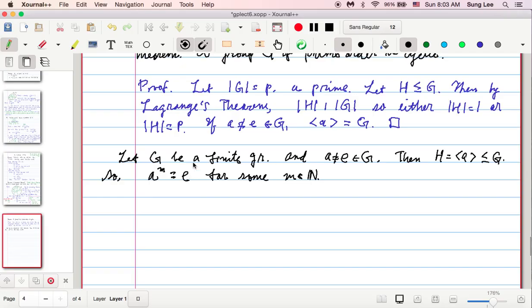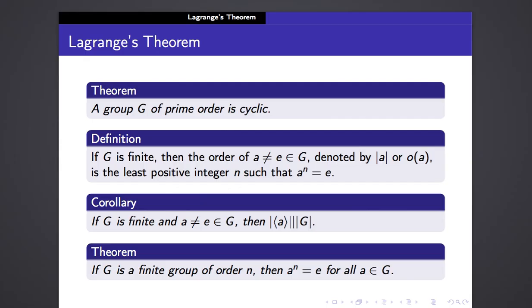Among those, the smallest positive integer that satisfies this equation is called the order of element a.